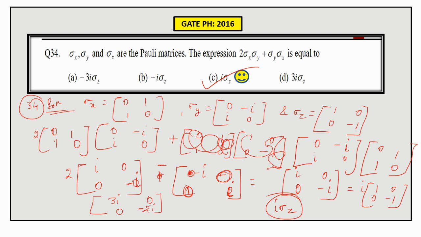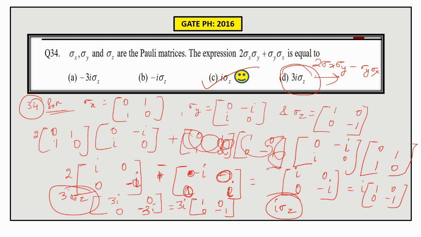Then there won't be anything. I mean, no, no, no. Minus 3 iota, right? Minus 3 iota. So you will take 3 iota outside: 1, 0, 0, minus 1. So this will be 3 i sigma z. This would have been the answer, if it was given like this.